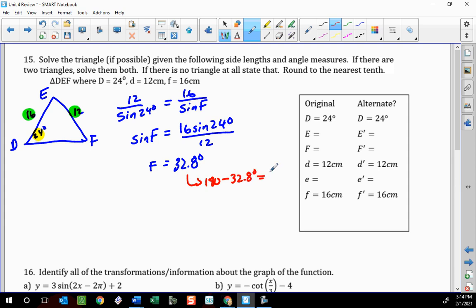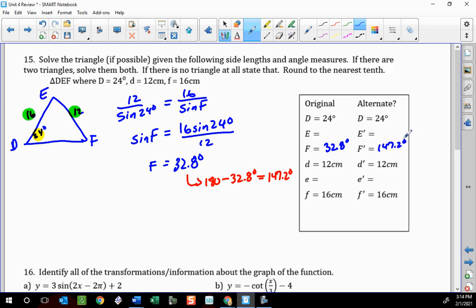So 180 minus 32.8 comes out to 147.2. All right, so these are my settings for now. I'm getting f is 32.8 for my regular triangle, and alternately it could be 147.2.